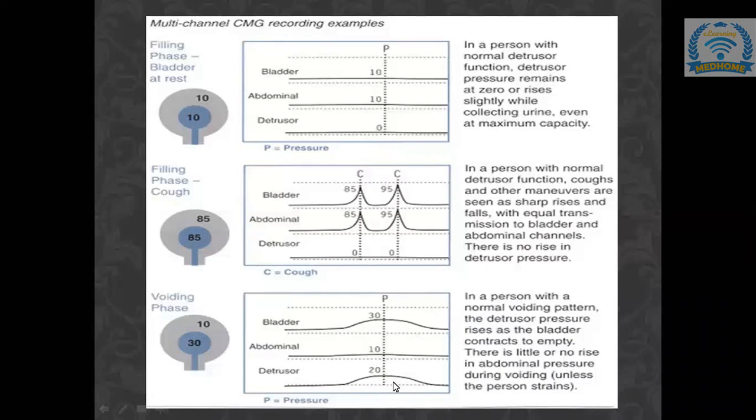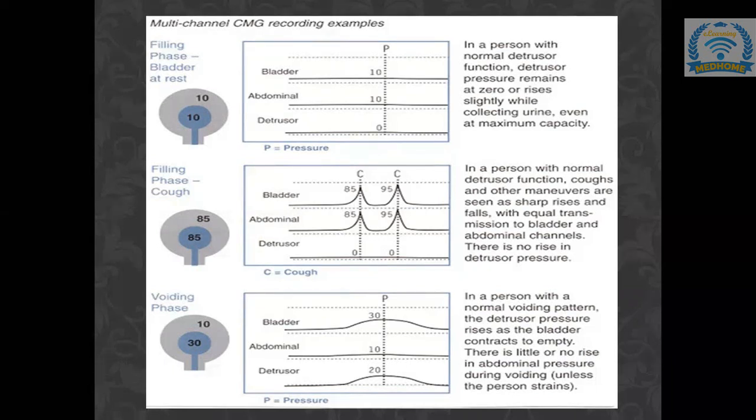That is why the pressure rises at this point of time also. But in the voiding phase, the abdominal pressure will either remain 0 or there will be a little rise in it. Hope I'm clear till now.